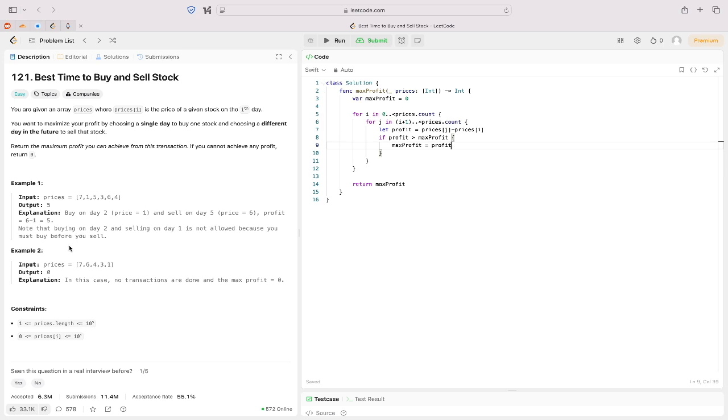So we have our first number, then we try and get our second number, and then we subtract our first number from our second number. If it's greater than our max profit, then we set that new number to our max profit, and then we go again. We're just going to loop through all of them.